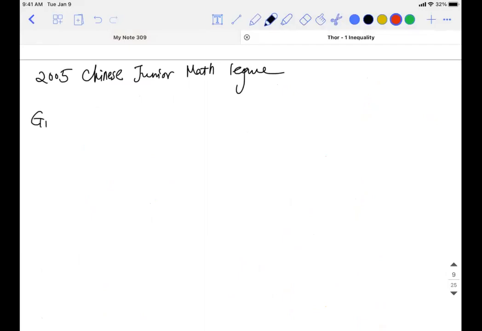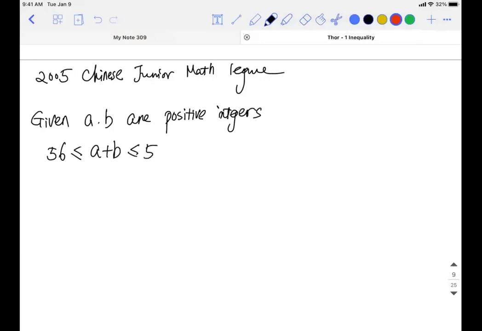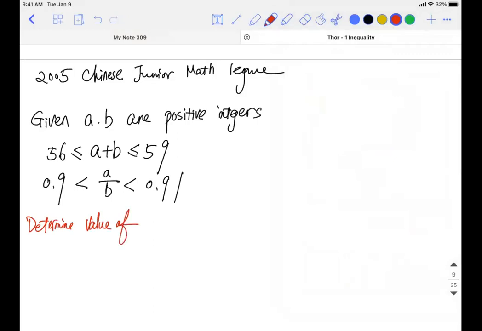The question says, given A, B are positive integers, 56 is less than or equal to A plus B, less than or equal to 59, and 0.9 is less than A over B, less than 0.91. With all this information, please determine the value of B squared minus A squared.